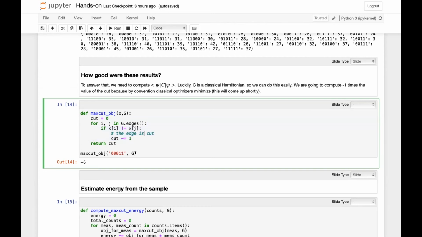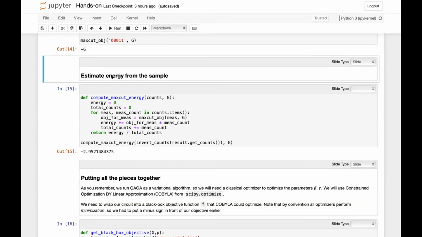You can easily check that this is our optimal solution. It gives us -6, which is the maximum cut we can have on this bipartite graph. We cut all edges. And to estimate our objective from counts, we go over all binary strings and the number of counts for this binary string in our dictionary of counts, and we simply compute the average.